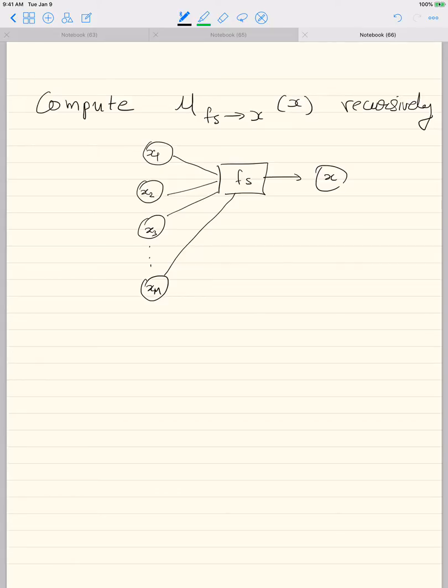Now x1 will be a root. It will be connected to a bunch of factor nodes that will in turn be connected to variable nodes. And we will denote by G the product of all the factors with x1 as the root variable node. Similarly, G2 of x2, xs2, and gm.